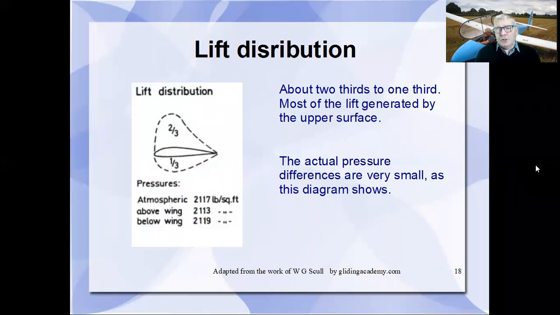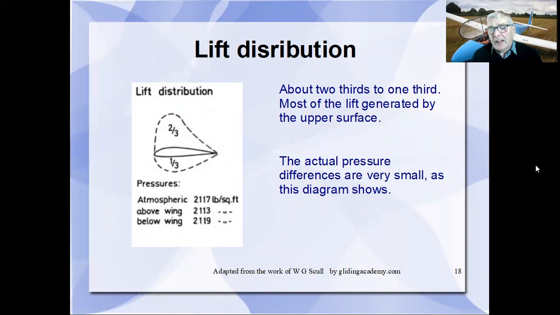And that is 2/3 of the lift that a wing generates is created by the upper surface of the wing, and only approximately a third is created from underneath. And it's this difference in pressure from top to bottom of the wing which is making the wing work.